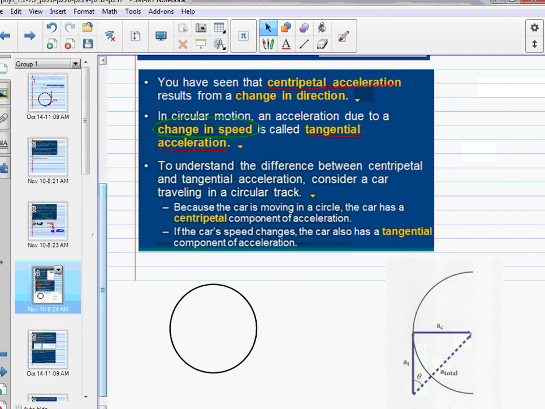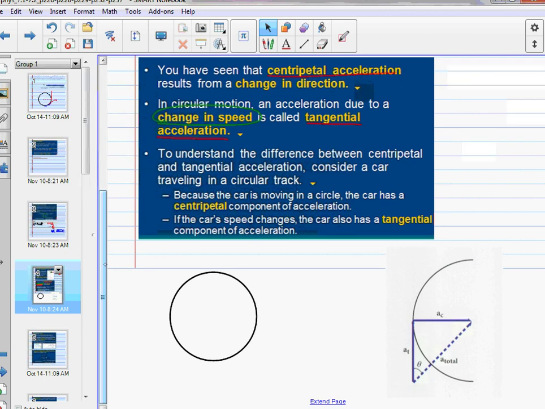To understand the difference between centripetal and tangential acceleration, consider a car traveling on a circular path. They're kind of going to repeat what we've already said. Because the car is moving in a circle, the car has a centripetal component of acceleration towards the center. It's accelerating towards the center.